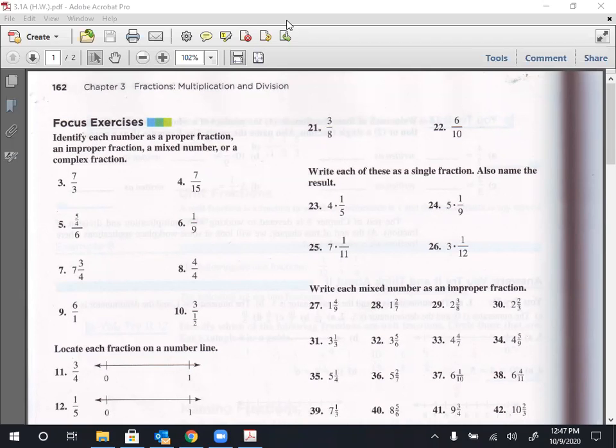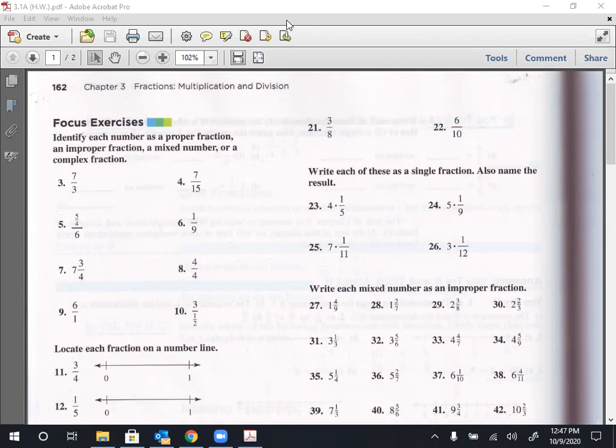When you have a fraction on top of another fraction, it doesn't matter if they're improper or proper. When you have a fraction on top of another fraction, we call that a complex fraction.